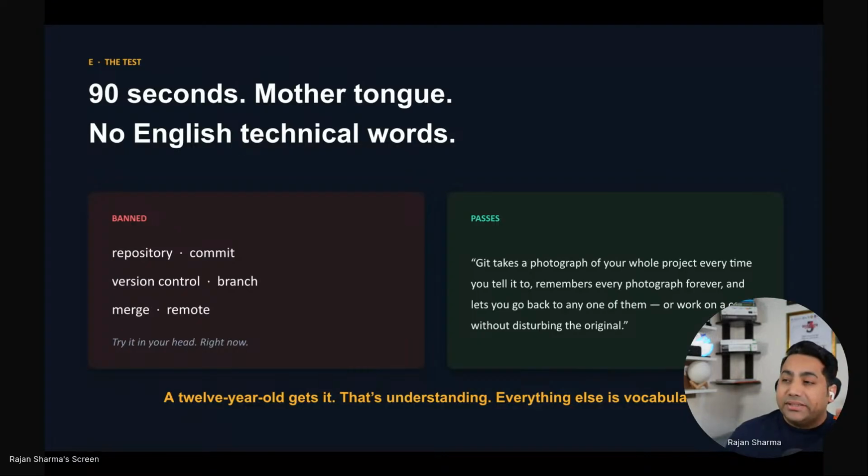So instead, here's an example I took. Git is a tool that takes a photograph of your entire project every time you tell it to, remembers every photograph forever, and lets you go back to any of them and work on a copy without disturbing the original. That's how I remember it.